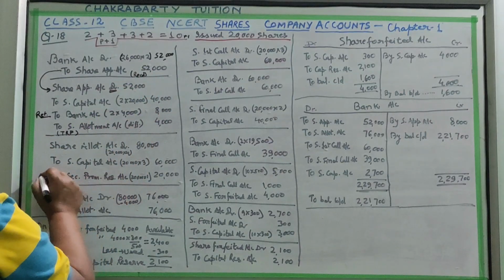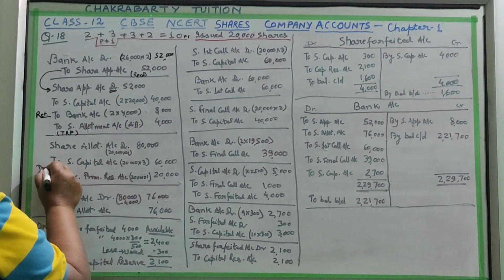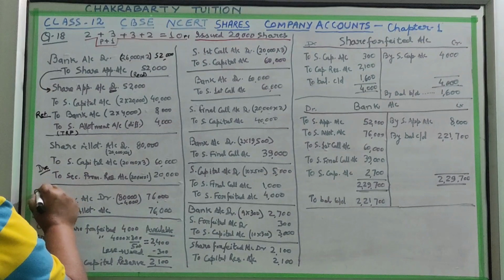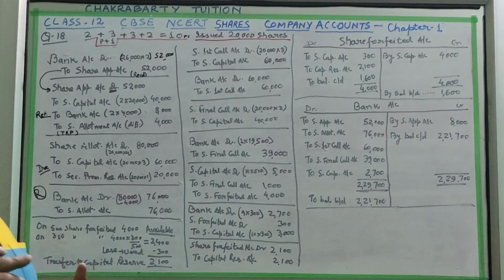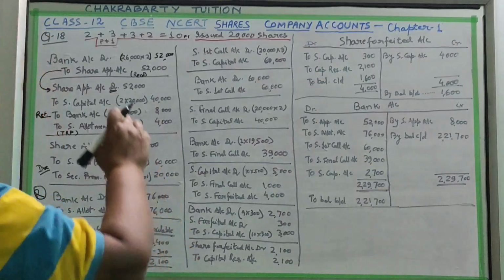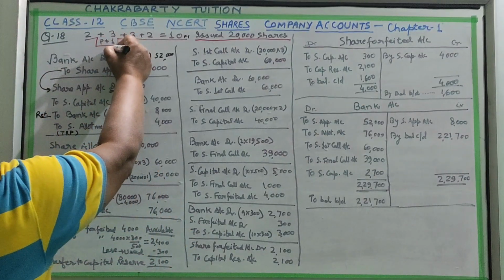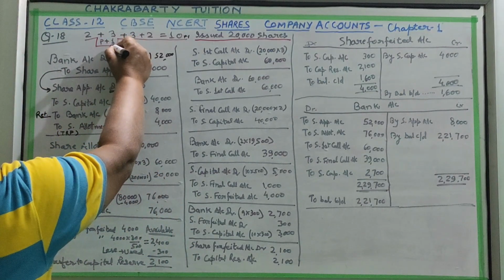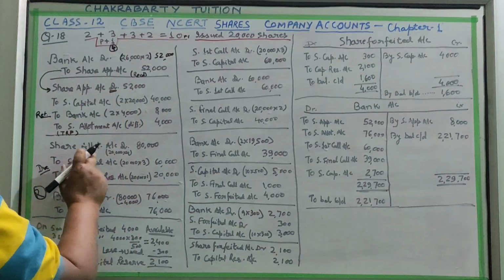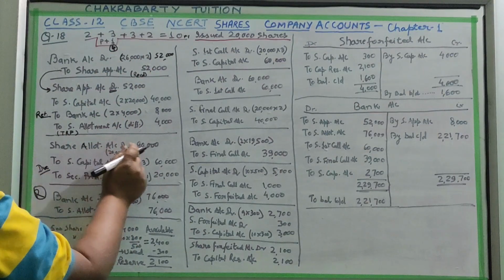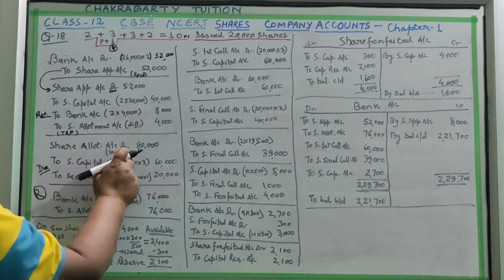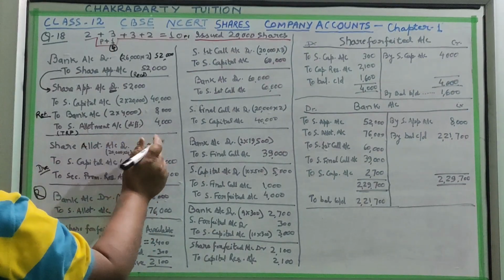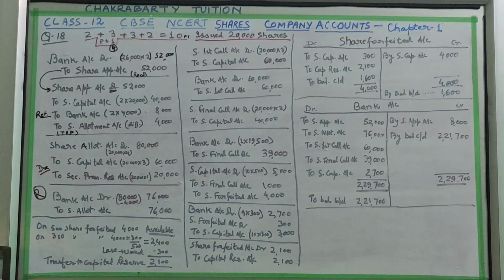Now from here onward, first we will do the due entry, and then we will pass the receive entry. So now how much money is due from them? In allotment we want 4 rupees. So here we will debit allotment account with 80,000, which is for 20,000 shares into 4. This is the money due, to be received from the applicants.